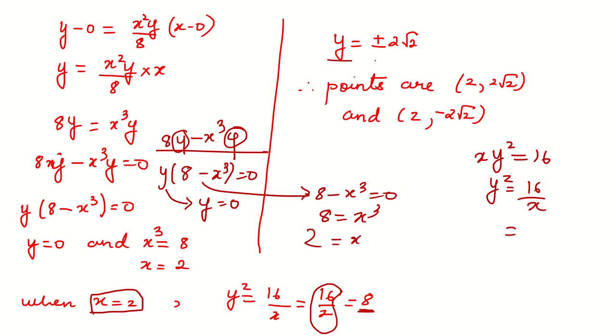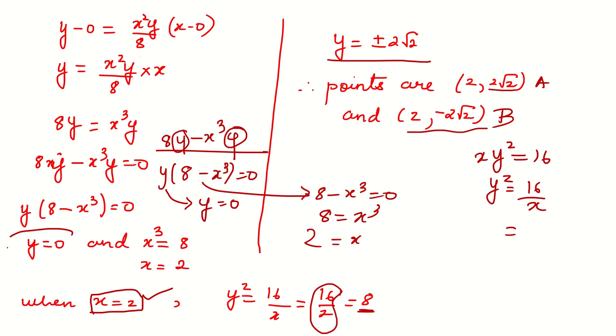So y will be nothing but the square root, that is plus or minus 2 root 2. So when x is 2, my y coordinates are 2 comma root 2 and 2 comma minus 2 root 2. These are my A and B. Okay, so this is found.